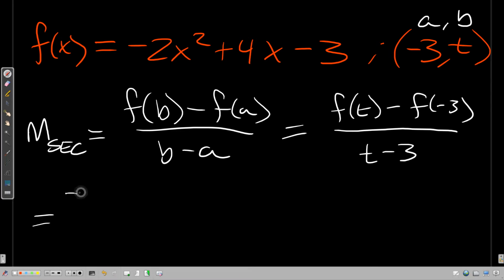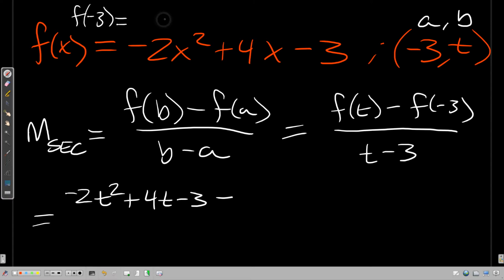So my slope is minus 2t squared plus 4t minus 3, and then minus f of -3. Okay, well, f of -3 would be minus 2 times 9, minus 12, minus 3. All three of those numbers are negative, so it's minus 18, minus 12, minus 3, that's minus 33.